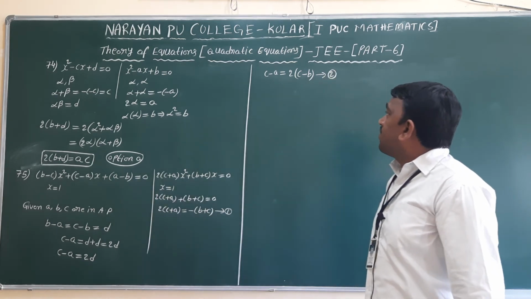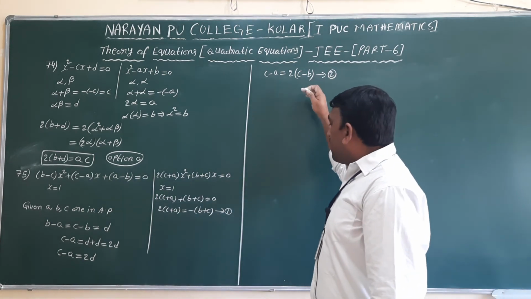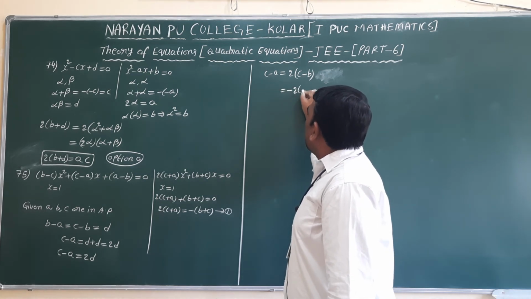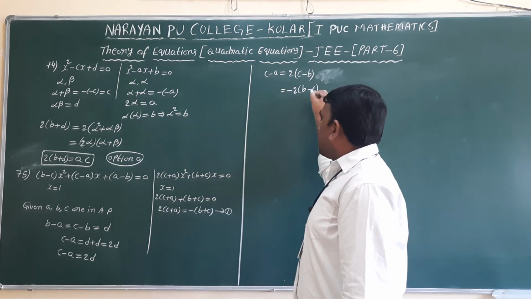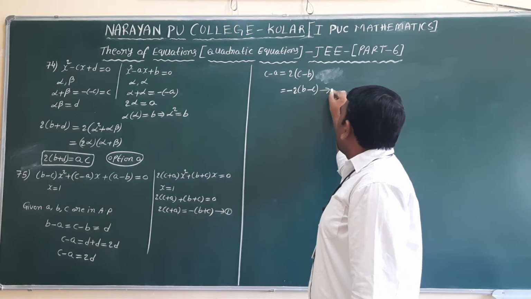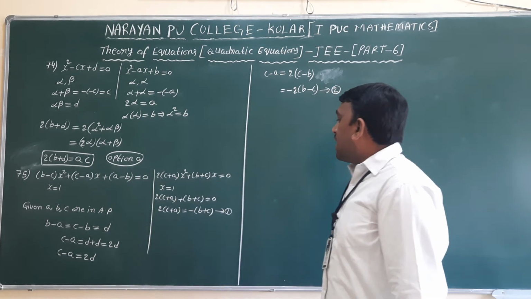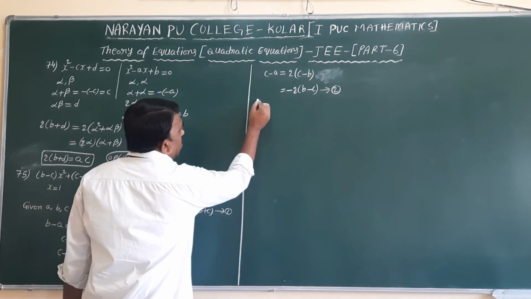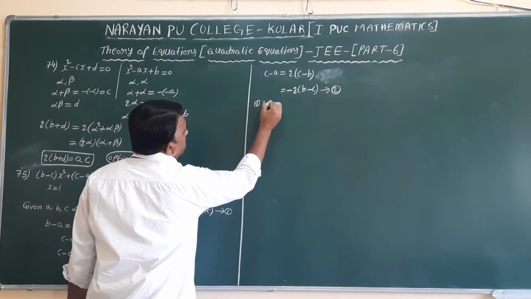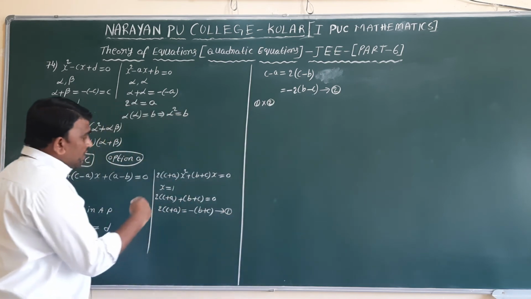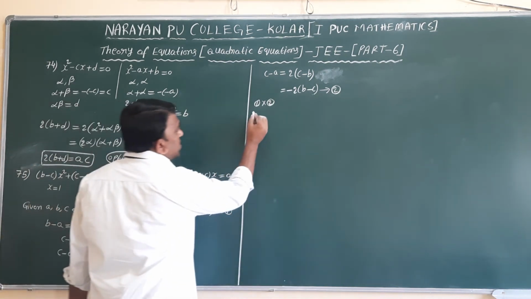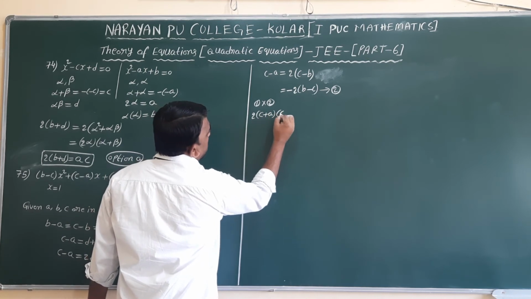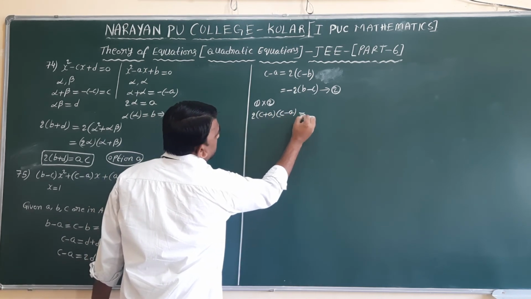Let us take it as equation number 2. If you take minus common, minus 2 into B minus C. Now multiply 1 and 2. On the left side, 2 into C plus A into C minus A. That is the left side product.